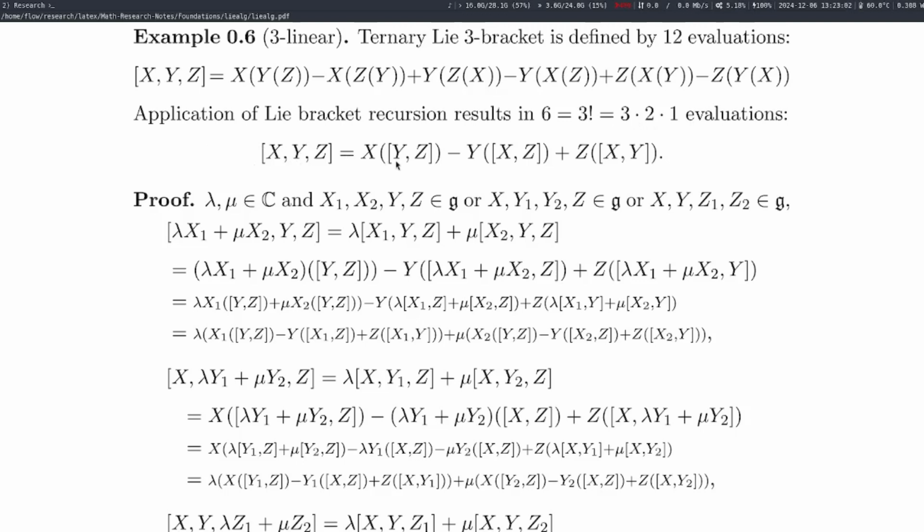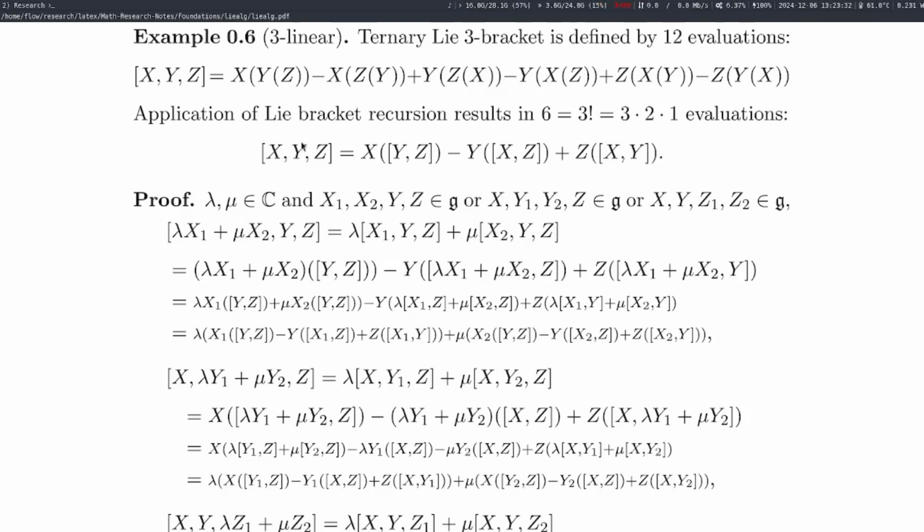So we think about it like this: it's now x of the Lie bracket of y and z minus y of the Lie bracket of x and z plus z of the Lie bracket of x and y. And now we can apply recursively the bilinear Lie bracket with the trilinear one.